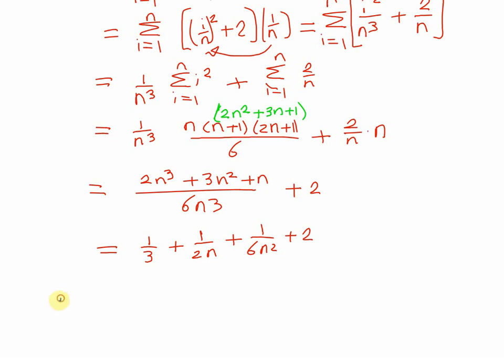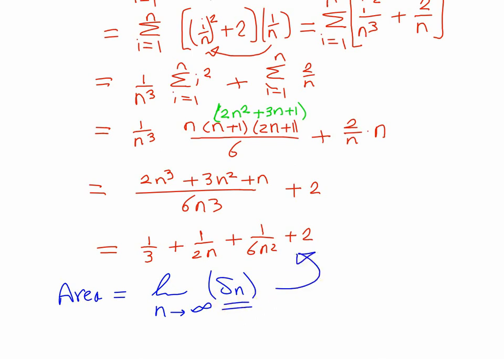So area equals the limit when n approaches infinity of Sn. What is Sn? This is Sn. In the limit as n approaches infinity, everything with denominator n becomes 0. So this becomes only 1/3 plus 2, which means 1/3 plus 6/3, which gives us 7/3.